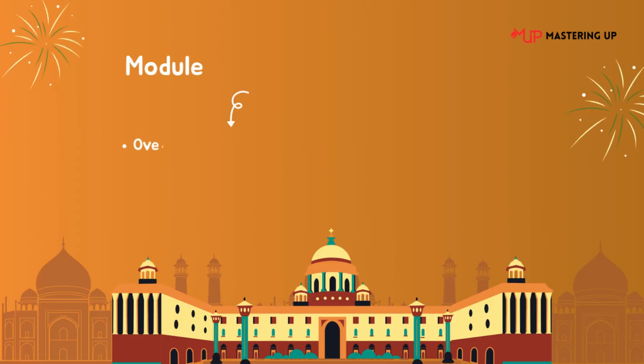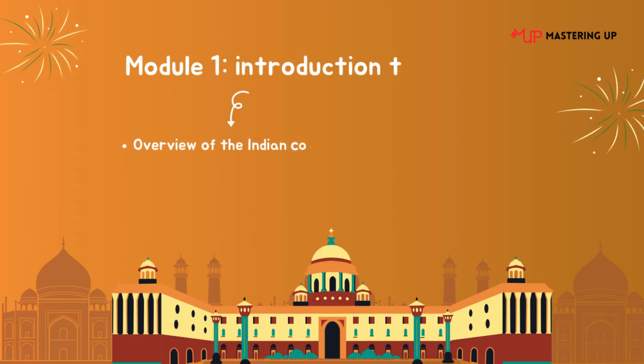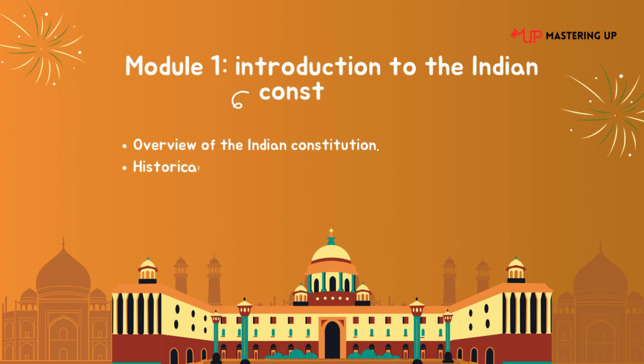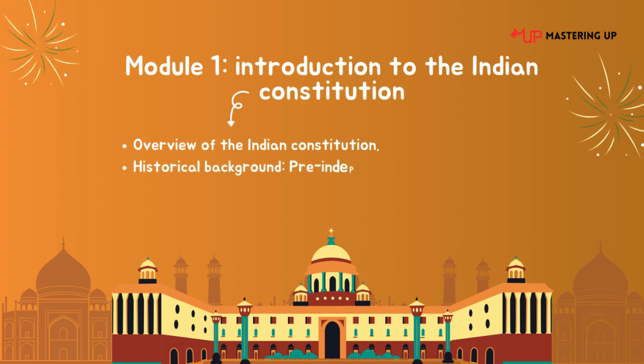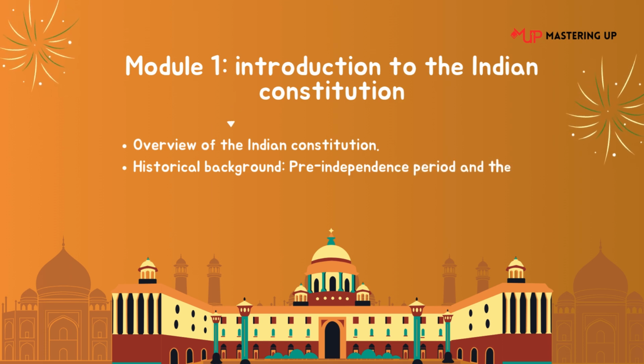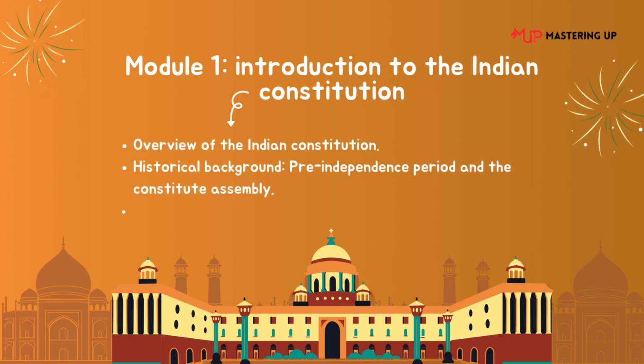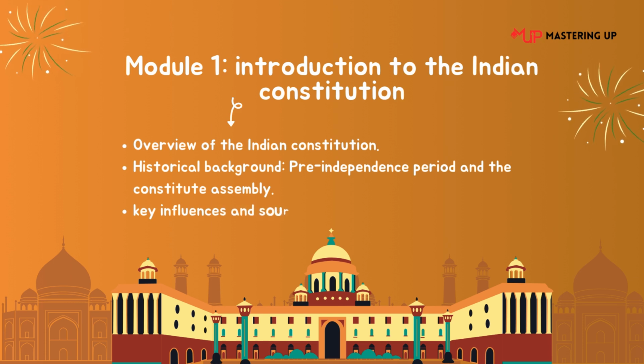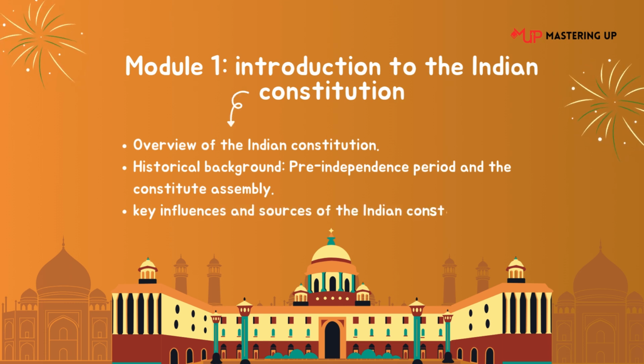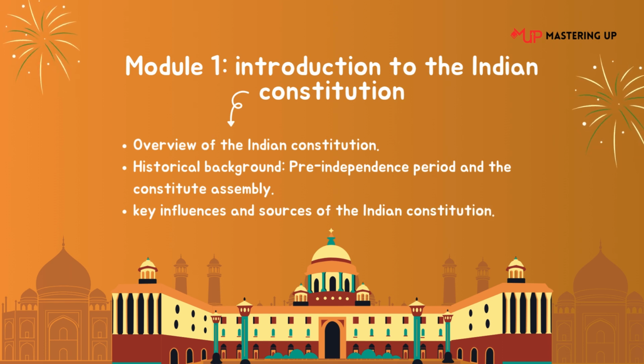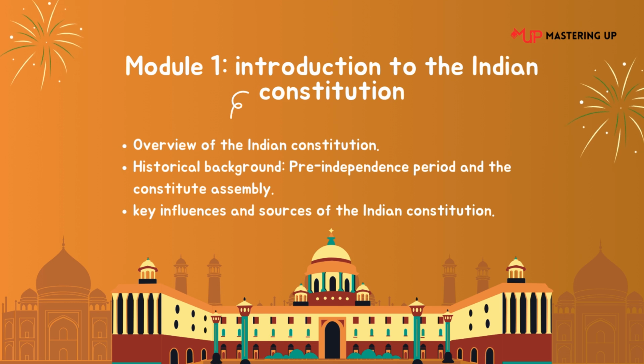This is module 1, introduction to the Indian Constitution. We will learn the overview of the Indian Constitution, historical background, pre-independence period, and the Constituent Assembly. And third is key influences and sources of the Indian Constitution.